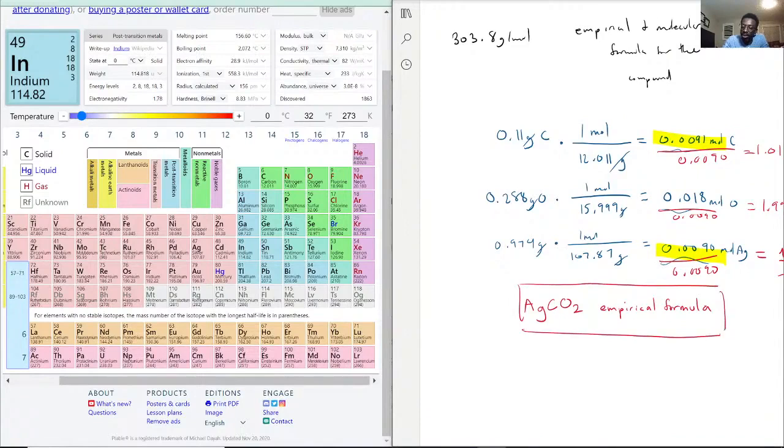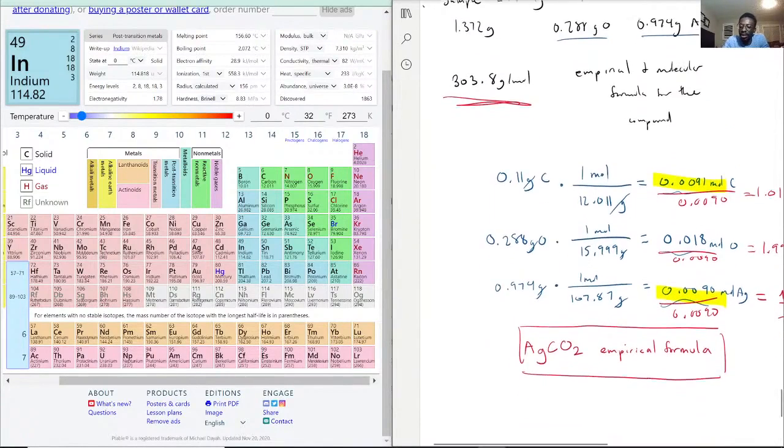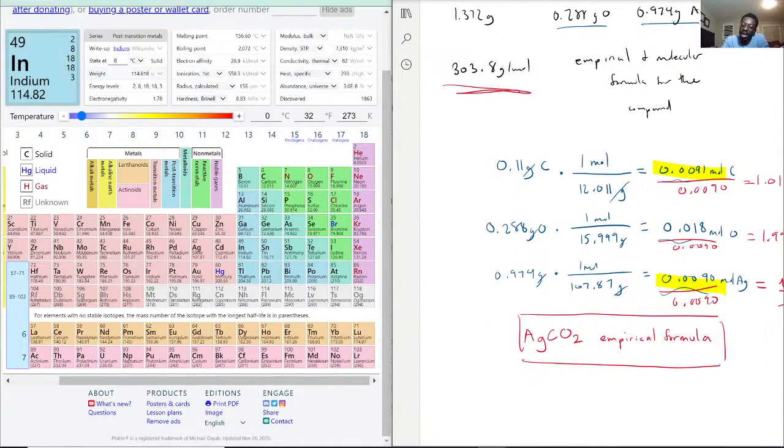Now you're probably wondering what we are going to do with this molar mass. You're going to find out how many of these AgCO2 units fit into that 303.8, to find the multiple.